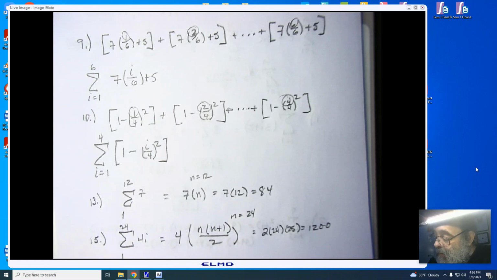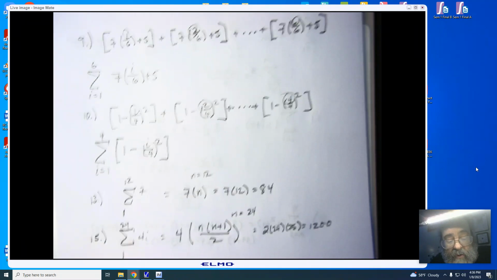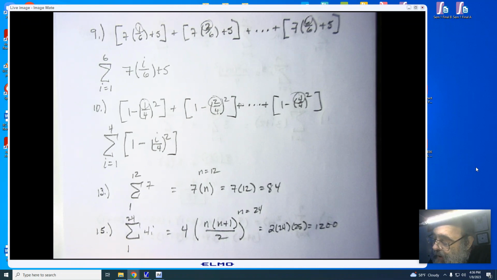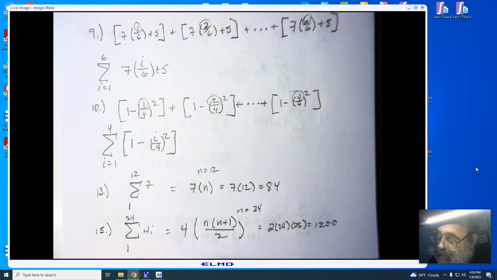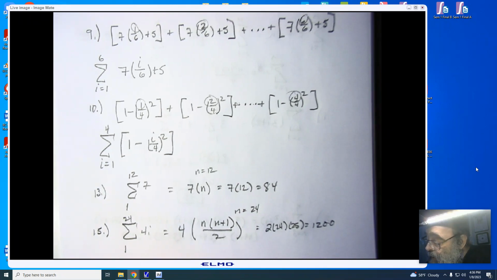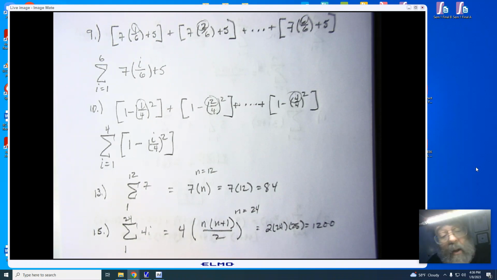Number 17. Now number 17 is actually quite clever. You'll notice how they have it at 20, and we're starting with i equaling 1 and going up to 20. And I'm really looking at i squared. So if I'm looking at i squared, I know my formula is n times n plus 1 times 2n plus 1, divided by 6.